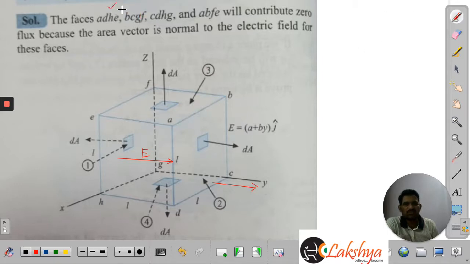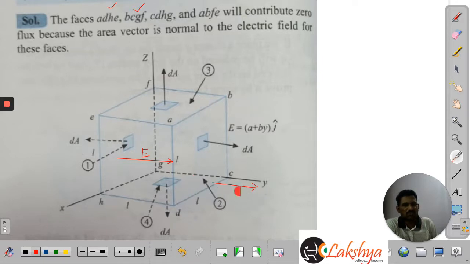Next, CDHG. This is the base of this cube. The area vector of this base will be in the downward direction, the negative z direction, and again the electric field will be along this direction, parallel to the surface.